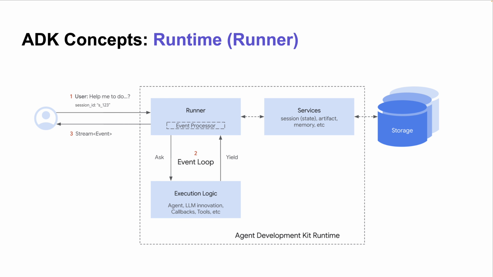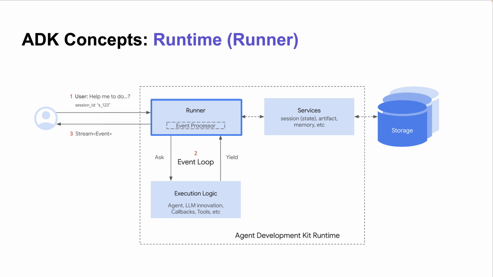So the runtime operates on an event loop, which goes more or less like this. The runner receives a user query and asks the main agent to start processing. The agent and its associated logic will then run until it has something to report, like a response, a request to use a tool, or a state change. It will then yield an event back to the runner.